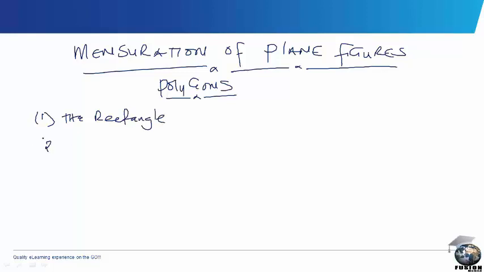And examples of polygons we have number one, the rectangle. Then number two, the parallelogram. Number three, the triangle.